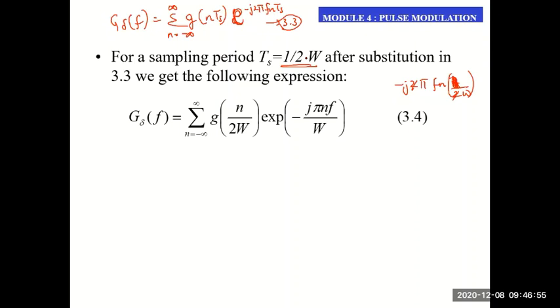That's the lowest sampling period possible. Anything higher than that is good enough. And when I use that worst case condition, this will be the substitution.